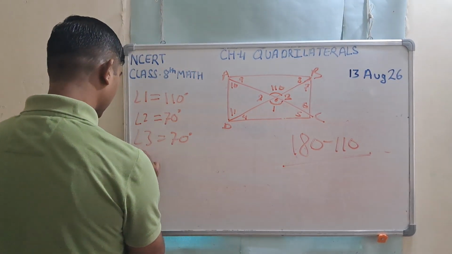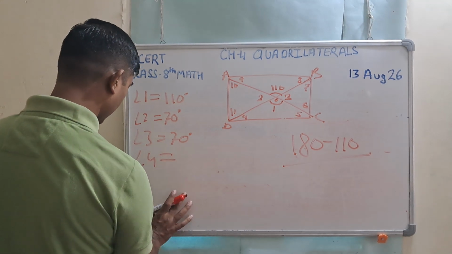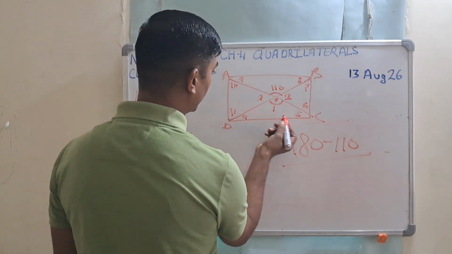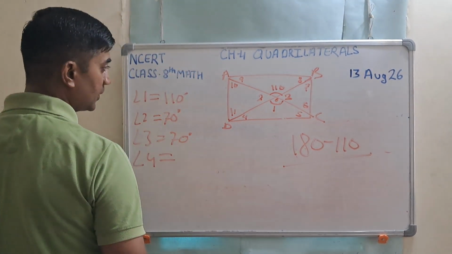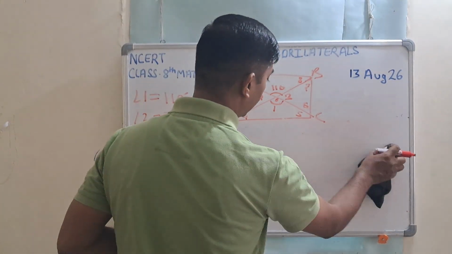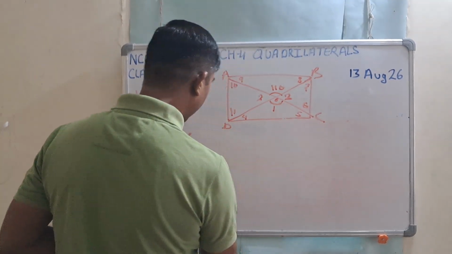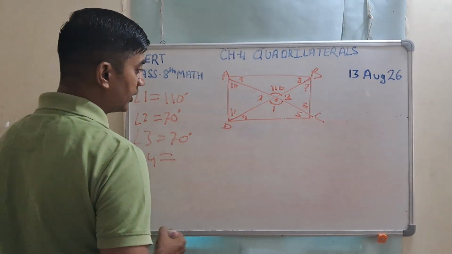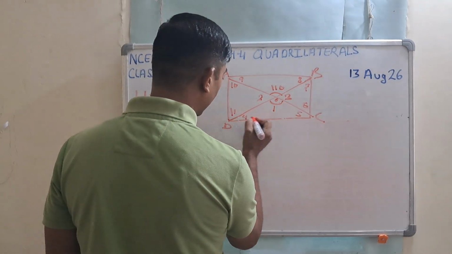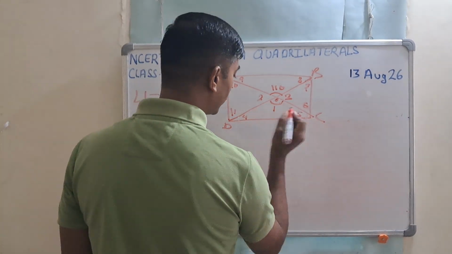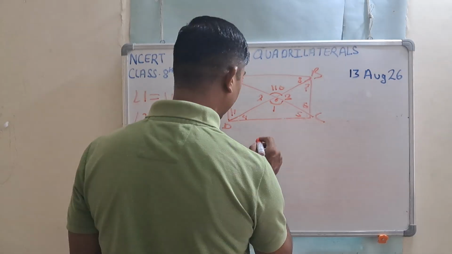What is angle 4? Angle 4 and angle 5 are equal because DO and OC are equal. Understood?